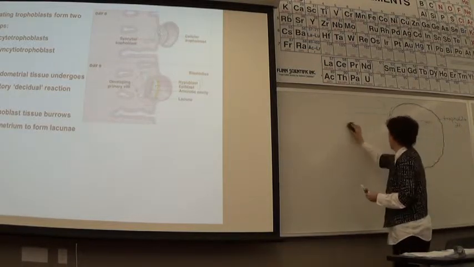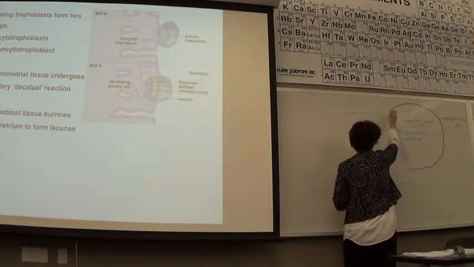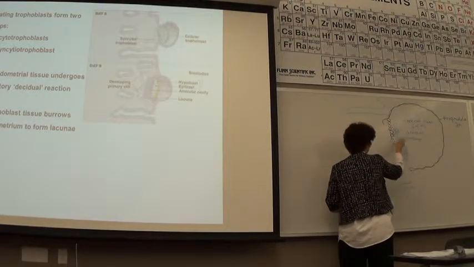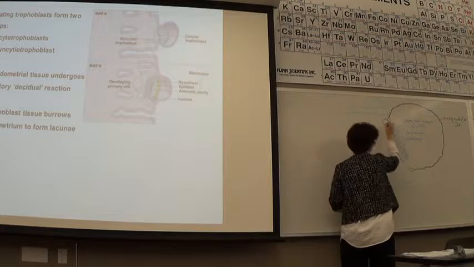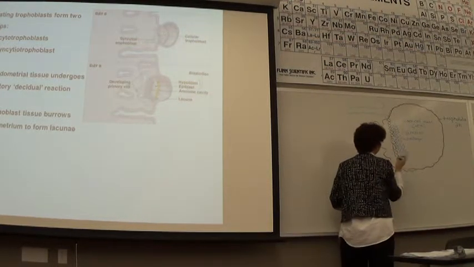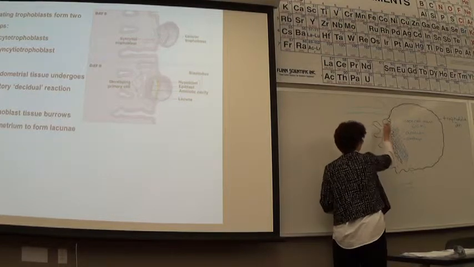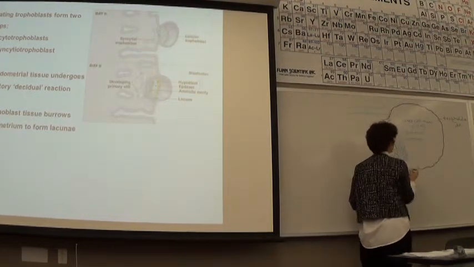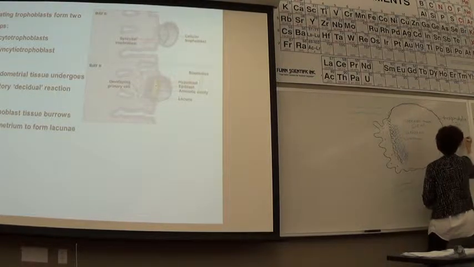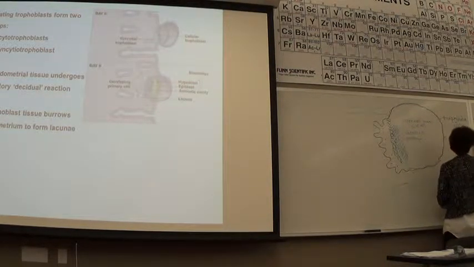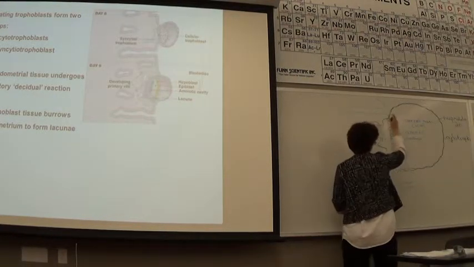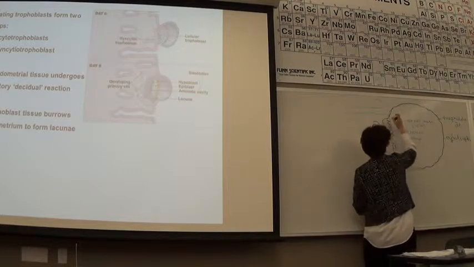And so we have an appearance. We'll have a layer of cytotrophoblast on the surface here, but then we have this syncytium. So now we call the individual cells, whether they are here, or over here, when they're individual cells, cyto means cell.